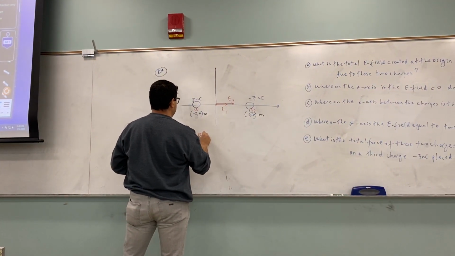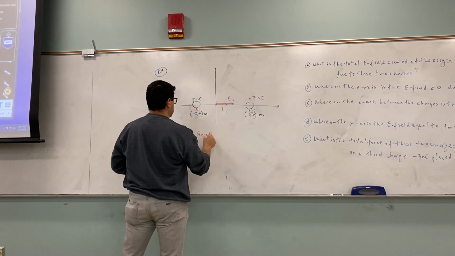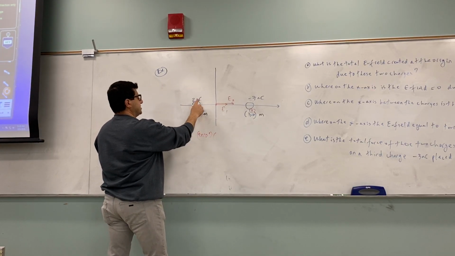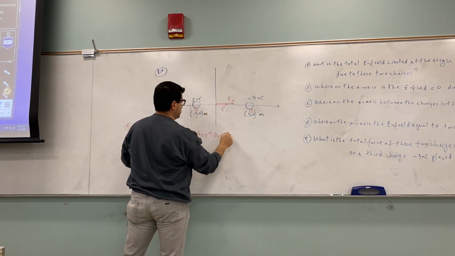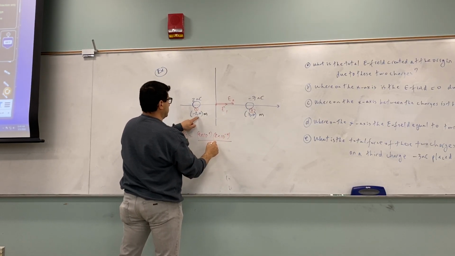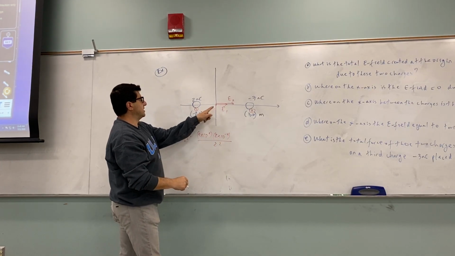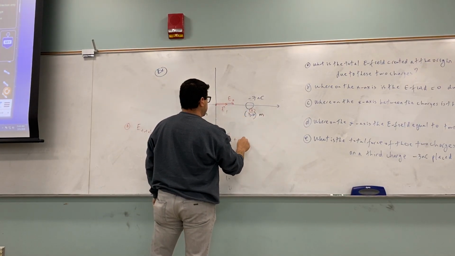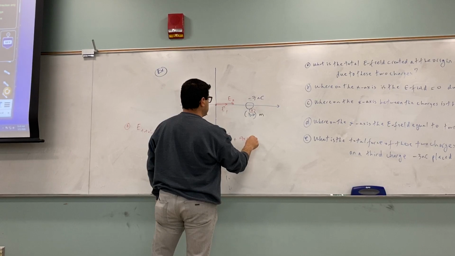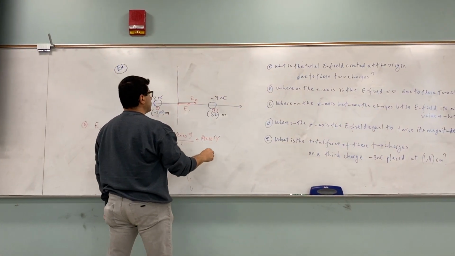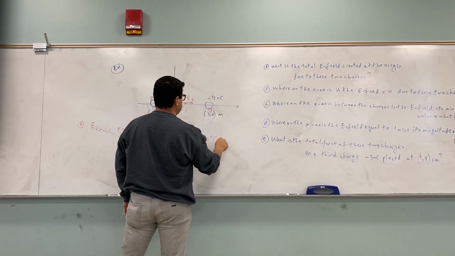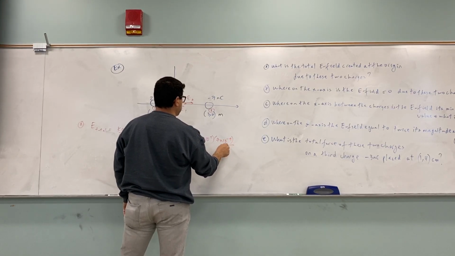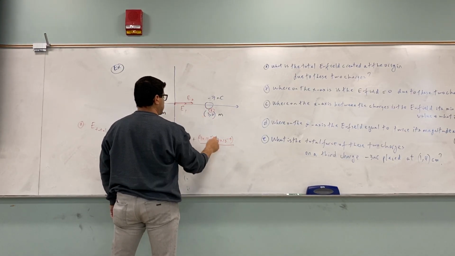So 9 times 10 to the 9th, and then the charge of this, over 2 squared. Right? From here to here, the distance is 2. Plus 9 times 10 to the 9th times 7 times 10 to the minus 9 over the distance, which is 3 squared.